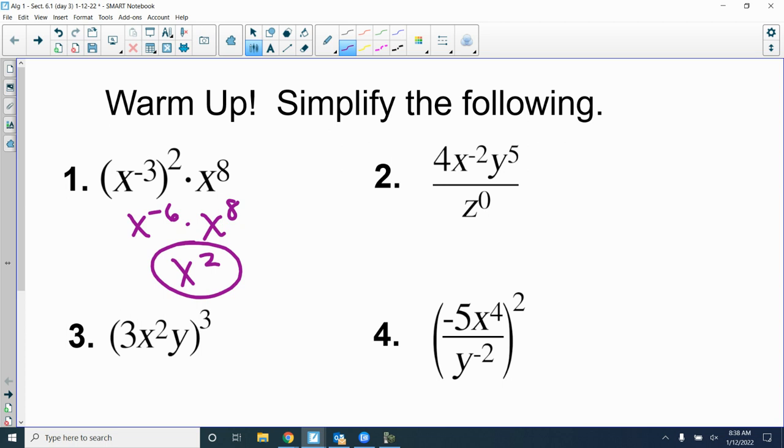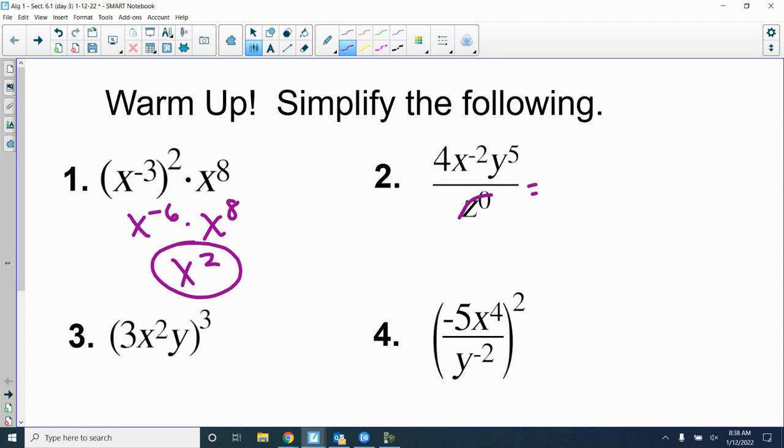Okay? All right, somebody help me with 2. Reese, go ahead. What can I cross out? Z to the 0, right? I don't need that. It's gone. What do I need to get rid of?